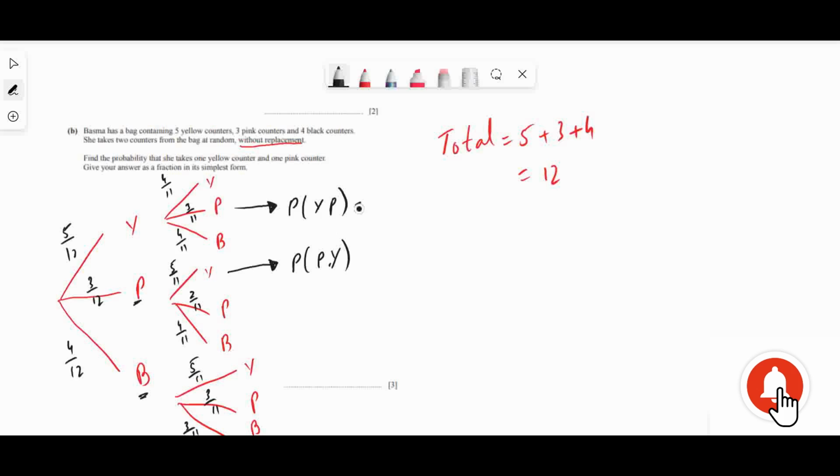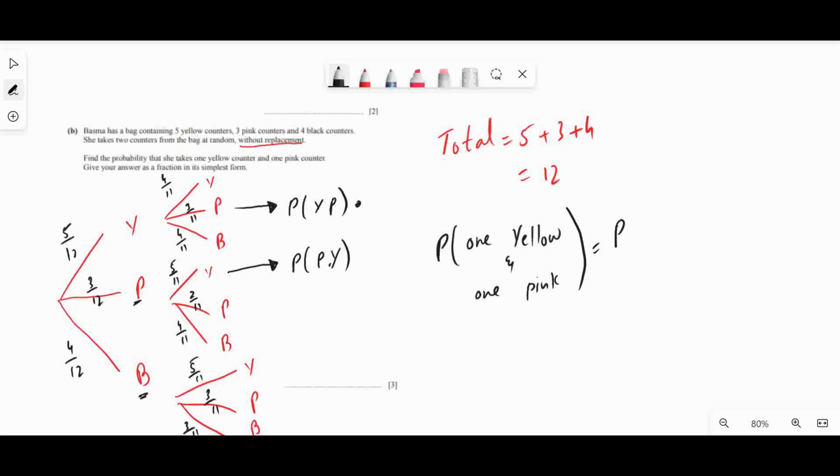So we can write it as the probability of one yellow and one pink, which is equal to the probability of yellow and pink plus the probability of pink and yellow.